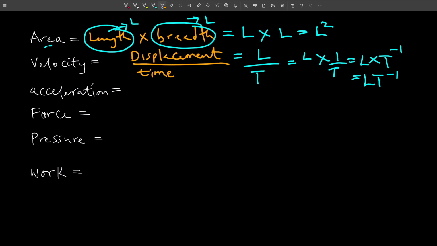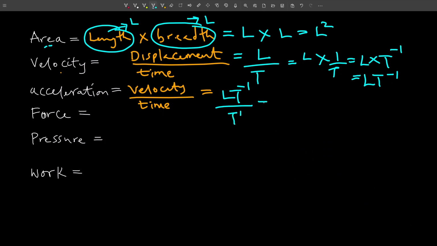Looking at acceleration, acceleration is defined as velocity over time. Now, what is the dimension for velocity? We just got that up here as LT raised by minus 1. This is over the dimension for time, which is T, obviously T raised by 1.